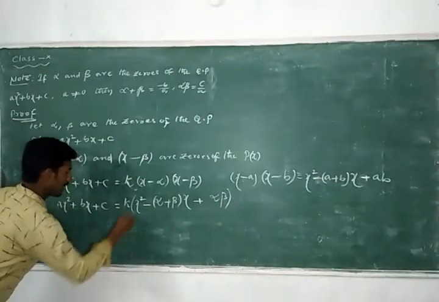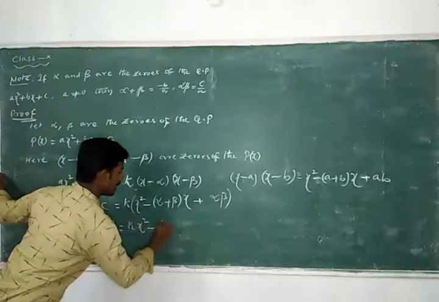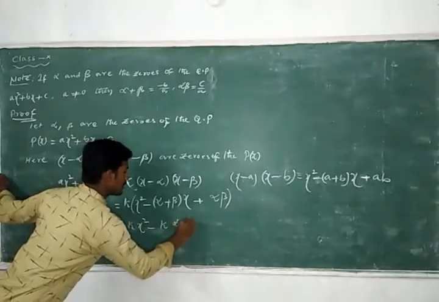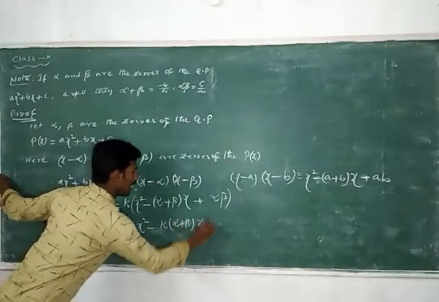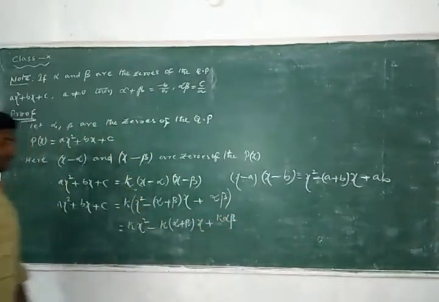Now multiply k with all the terms: k x square minus k into alpha plus beta into x plus k alpha beta.